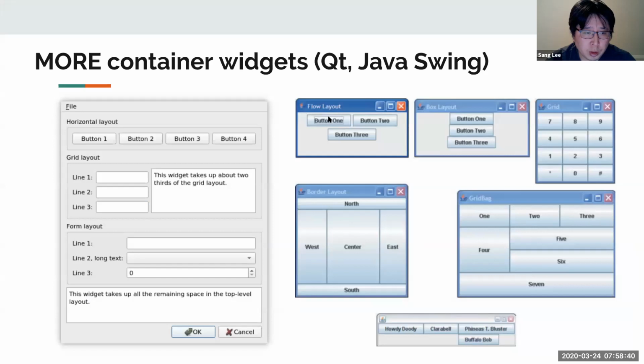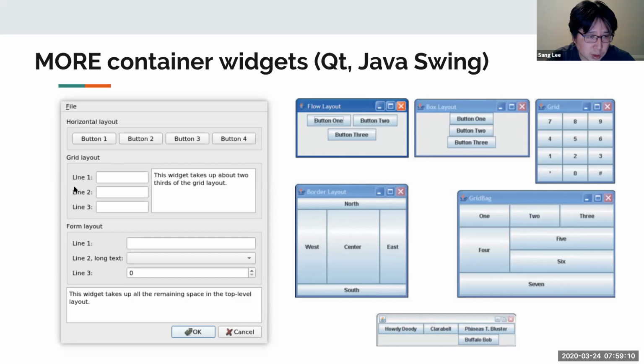So these are more examples of container widgets. You can see that there is one container, another one here, another one here, but they have a different layout. One is horizontal layout. Basically, it's going to place widgets in the horizontal way and distribute them with the same width.